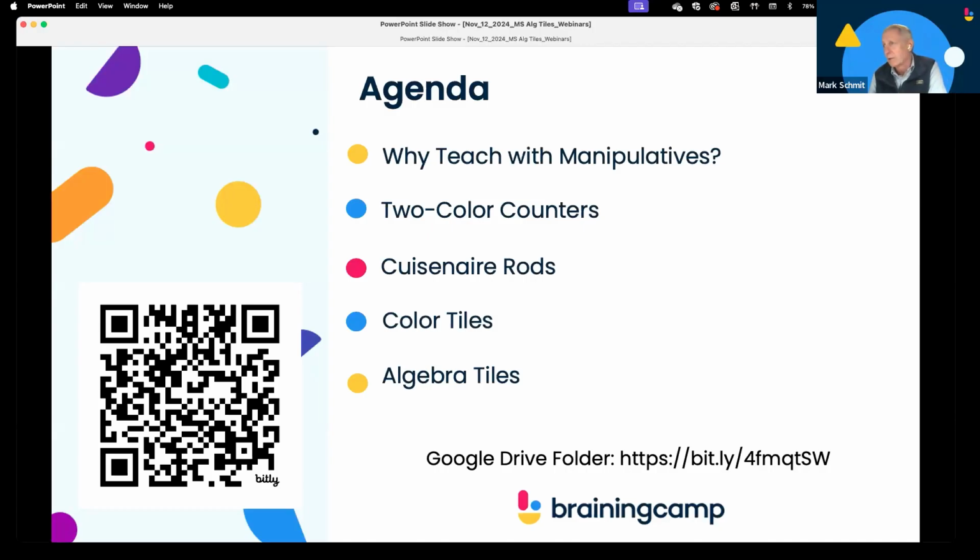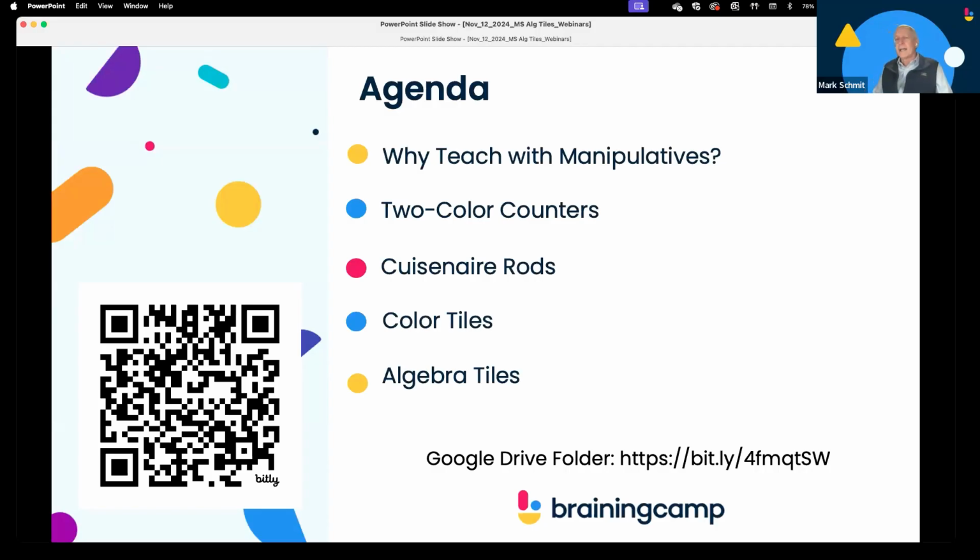We'll take a look at why we would want to teach with manipulatives. We'll take a look at a few specific models or manipulatives like two-color counters, Cuisenaire rods. If you're not familiar with Cuisenaire rods, hopefully you'll be excited about them by the end of the webinar.